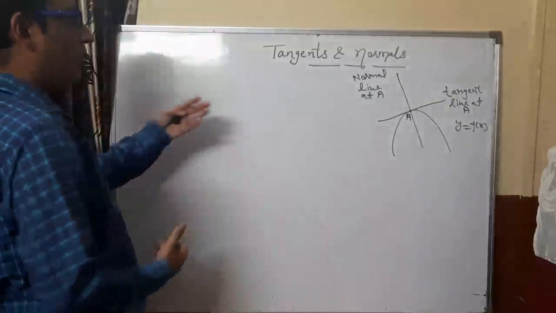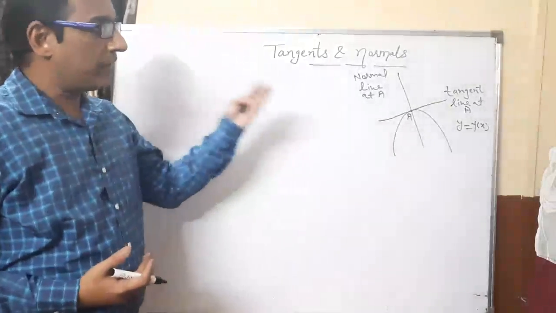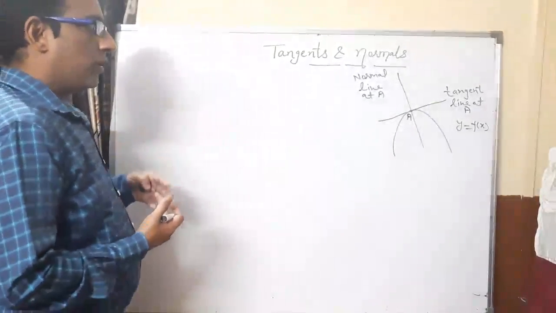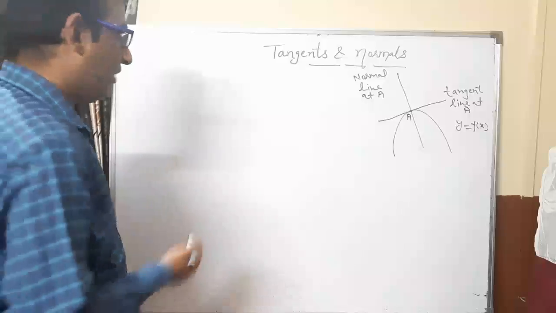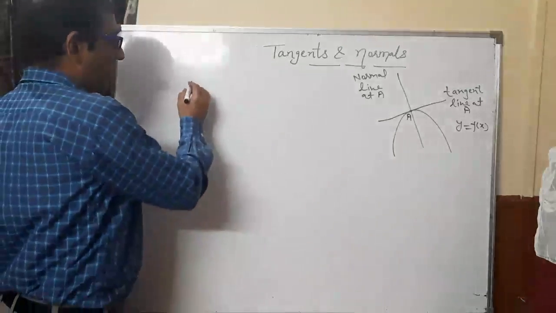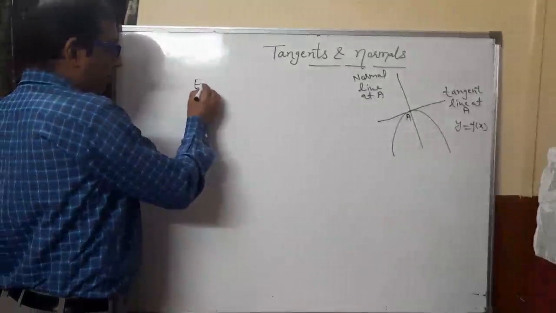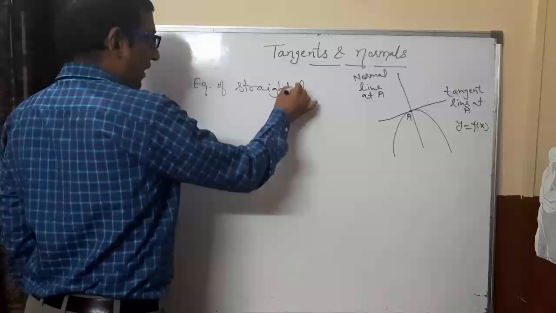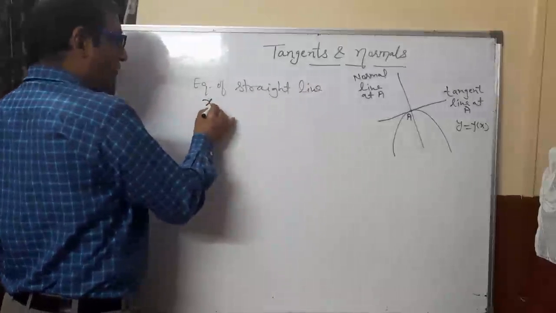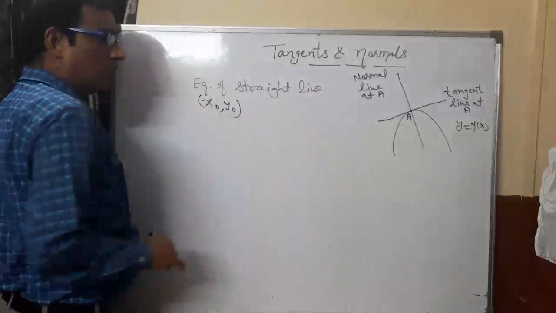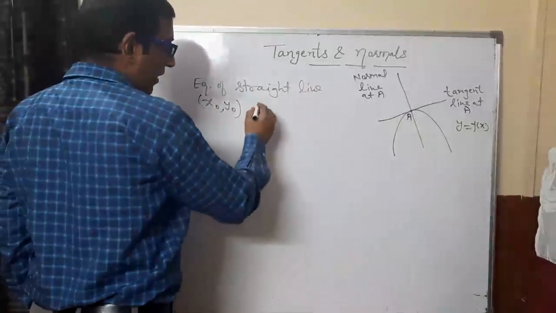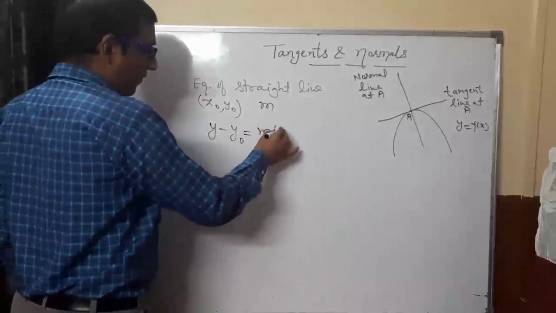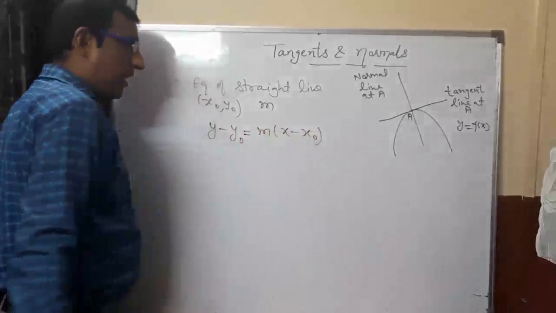Okay, so how can we show the equation of the tangent and the equation of the normal? Before that, we will go to one chapter related to 11th class, that is straight line. The equation of a straight line passing through a point (x0, y0) having finite slope m is given by y minus y0 equals m times (x minus x0).